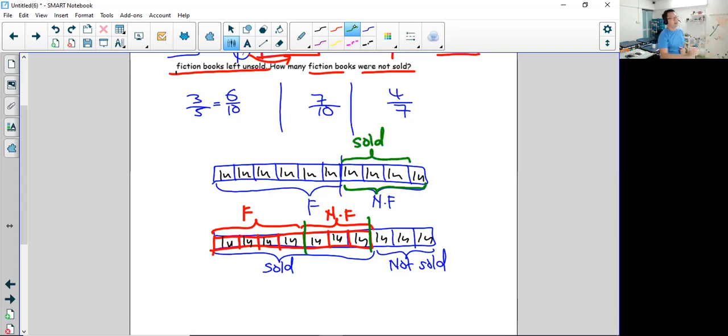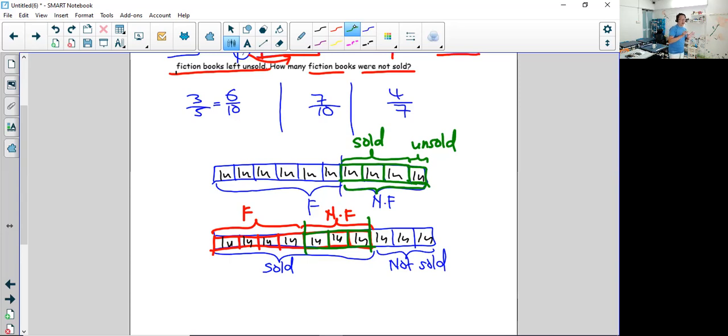And then that 1 unit here must be unsold, or let's call it not sold. That's how you look at the model. You can see over here, there are 3 units of non-fiction books that were sold. So over here, same thing, I label 3 units. And then the other 1 unit is left unsold.